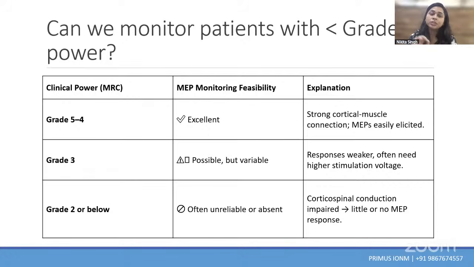You can use D-wave, SSEP and EMG to support the MEPs to get proper responses. D-wave is not affected by the grades. Though there are a few axonal conduction changes, you will still get a D-wave in grade 2 or below.